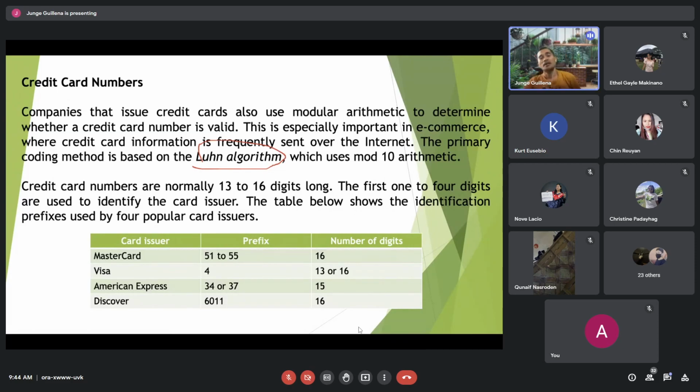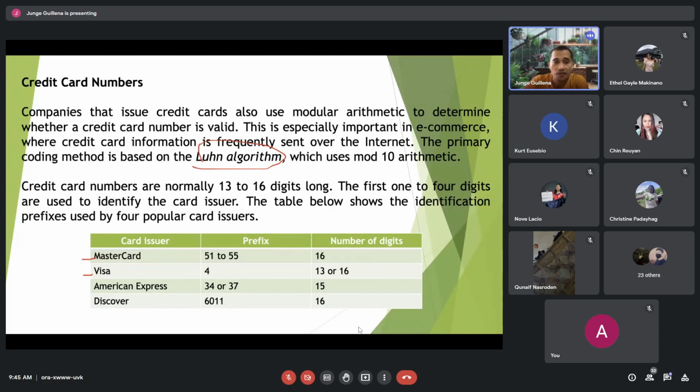Usually, there are four different kinds of card issuers, but in the Philippines the most common are MasterCard and Visa. MasterCards have a prefix of the first two numbers from 51 to 55, and the number of digits is 16.